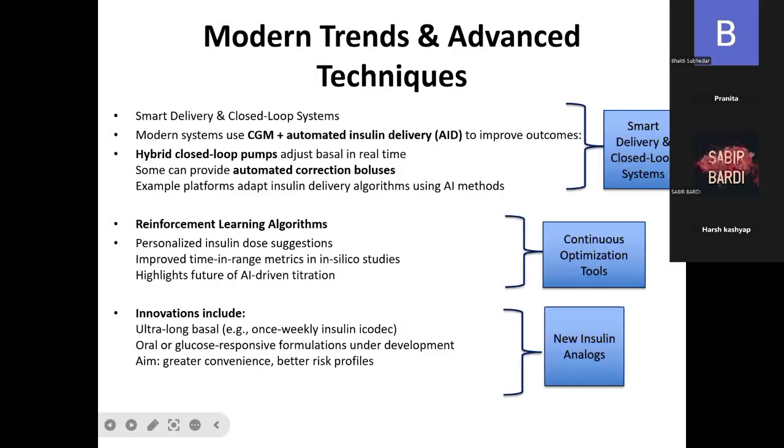Some modern technologies come with studies regarding smart delivery and closed loop systems, which analyze the glucose levels quickly on the go. Modern trends and advanced techniques.